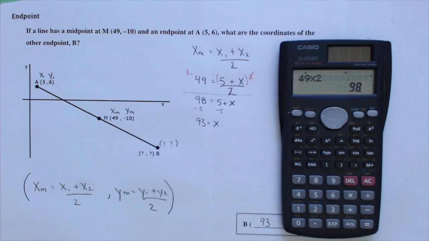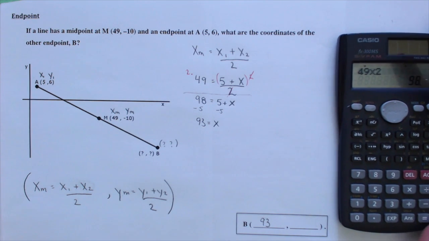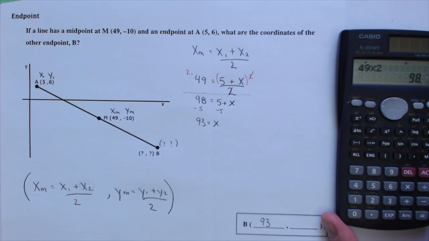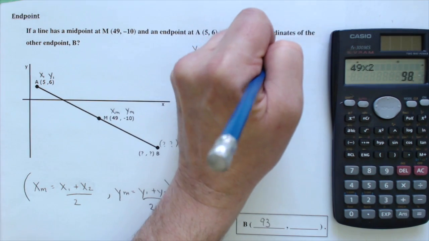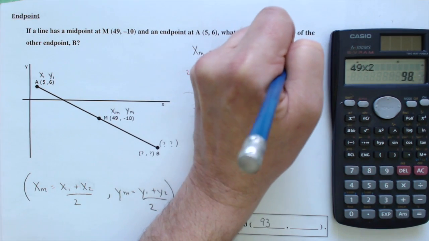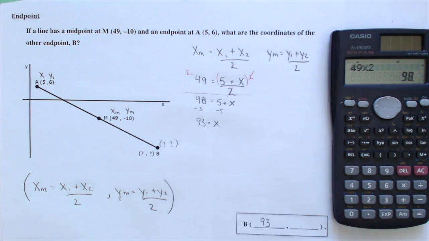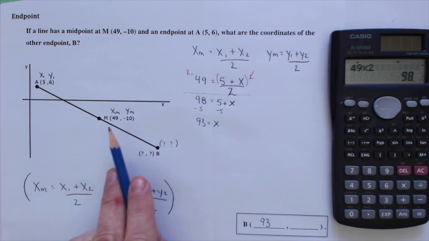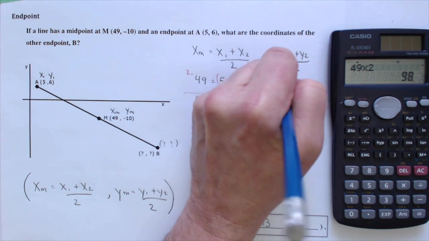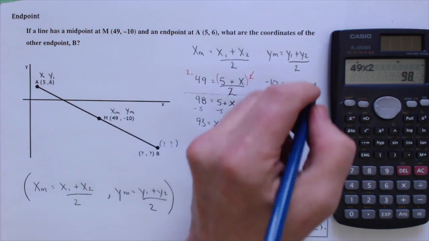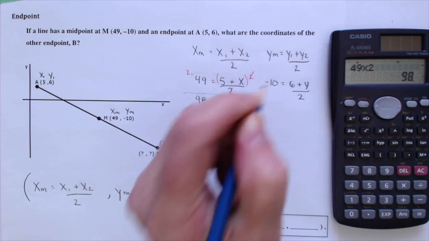Of course, I still have to find the y, and to do that I've got to apply the middle y formula, and I think I have enough room here. So I'll go y middle is equal to y1 plus y2 divided by 2, and we're going to work the same way. We're going to find that y middle, that's your negative 10. And that's going to be equal to the y1, which is 6, plus the unknown y divided by 2.